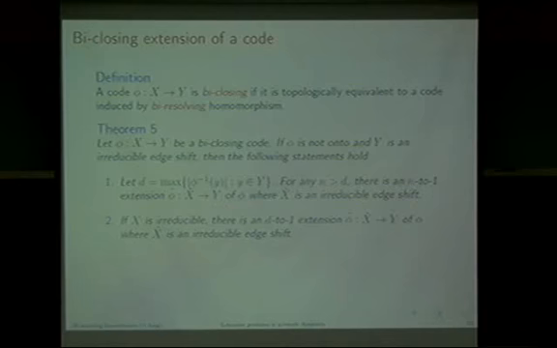Now this constantly n-to-1 code, which is the extension of the original sliding block code phi, is such that X tilde is an irreducible edge shift, an edge shift defined by a strongly connected graph. And furthermore, if X is irreducible, then there is also a D-to-1 extension, where X tilde can be chosen to be an irreducible edge shift.